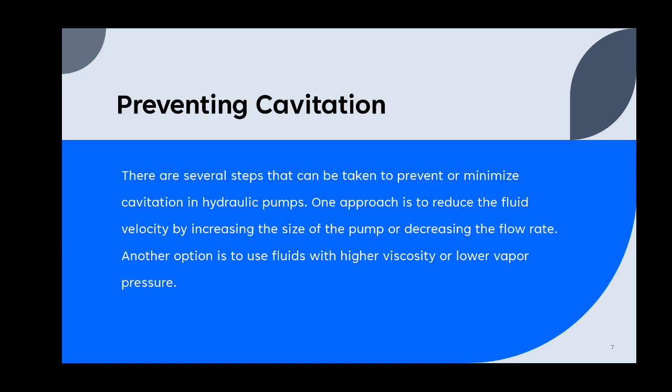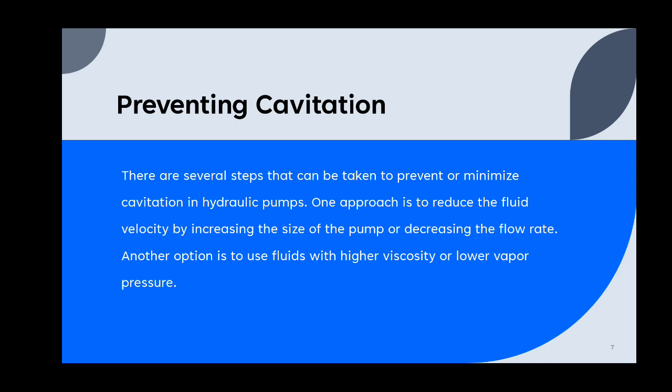So these are the several effects of the cavitation process. Now let's discuss the prevention of cavitation. How can cavitation be prevented? There are several steps that can be taken to prevent or minimize cavitation in hydraulic pumps. One approach is to reduce the fluid velocity by increasing the size of the pump or decreasing the flow rate.